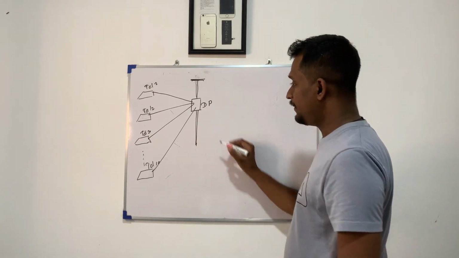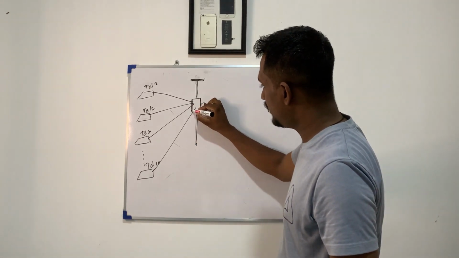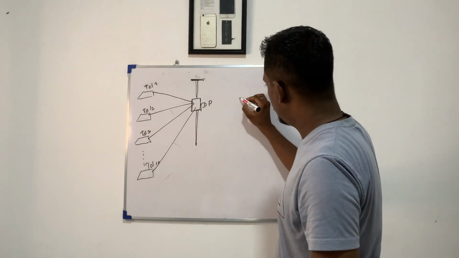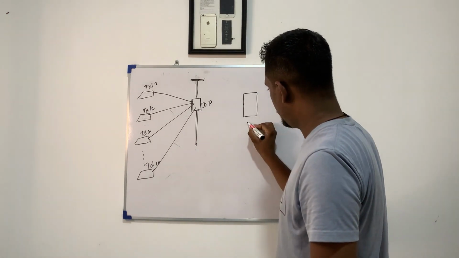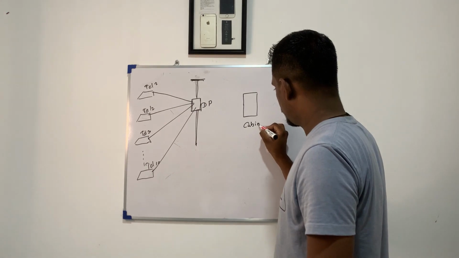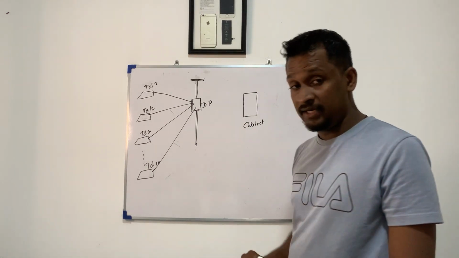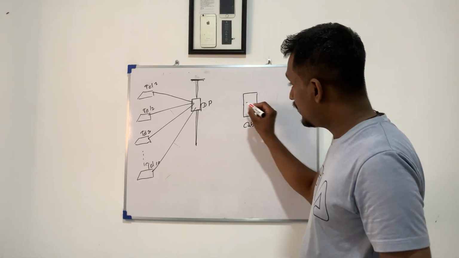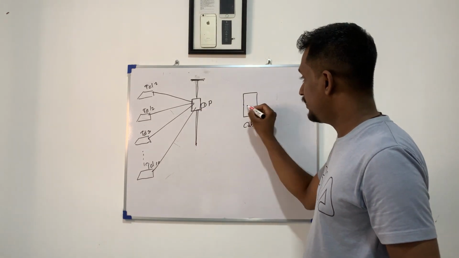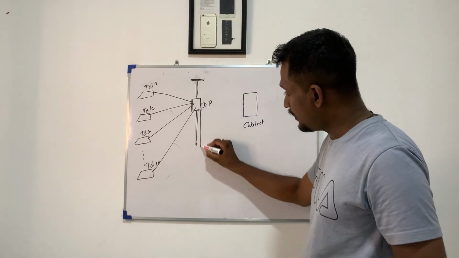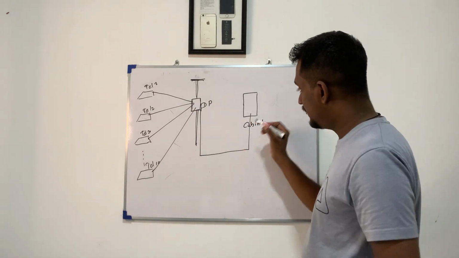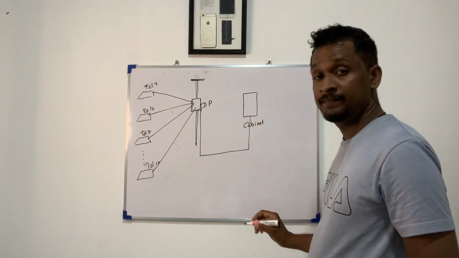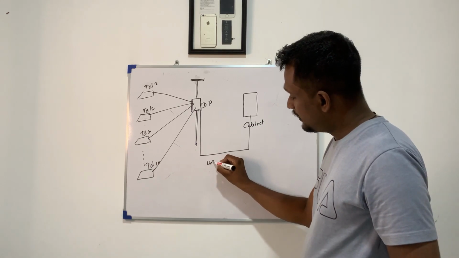Then this DP unit is connected to another unit called a cabinet. But especially here you have to remember, when we connect these two, don't draw these lines; you have to use an underground cable to connect the DP to the cabinet. This is called an underground cable.